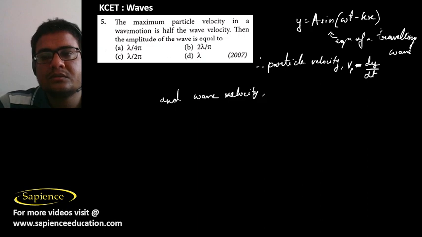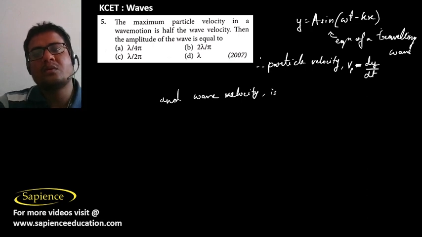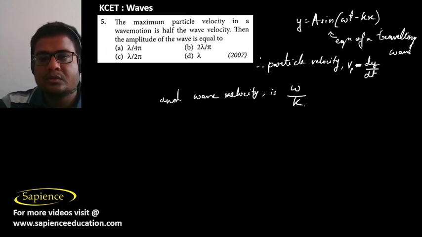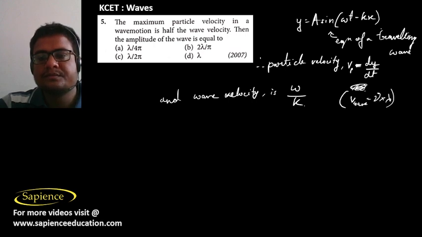that is given as ω by k, since ω is 2π into frequency and k is 2π by λ. So we know that speed of a wave is given as frequency into wavelength.